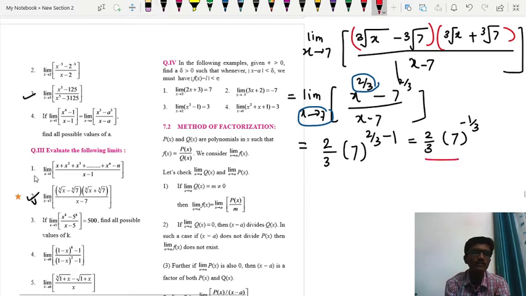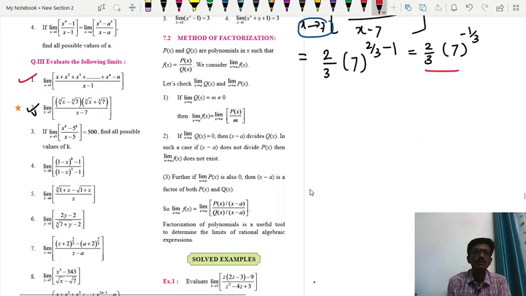Now we attempt this one, the first one. First question is what? Limit x tends to 1. See here, limit x tends to 1.